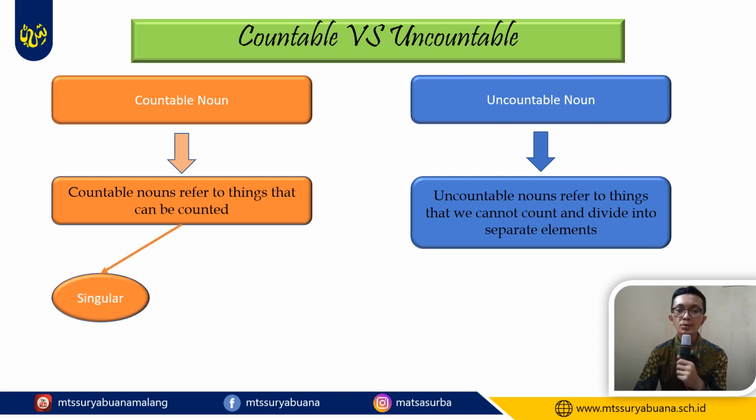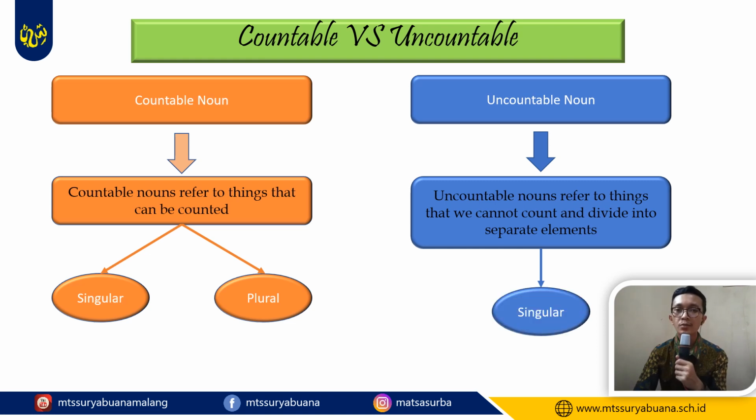There are two kinds of countable nouns: the singular form and the plural form. But how about uncountable nouns? Uncountable nouns only have one form, the singular form.